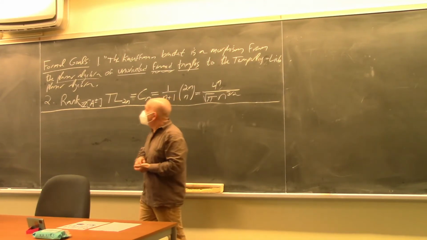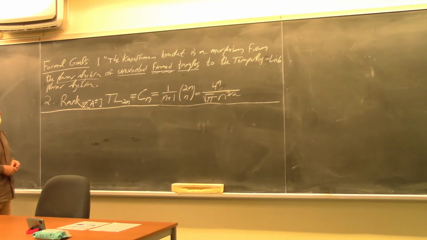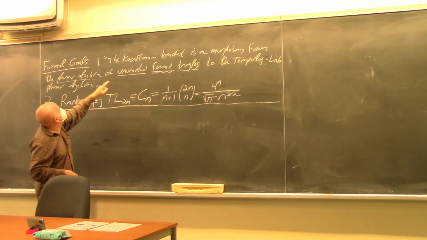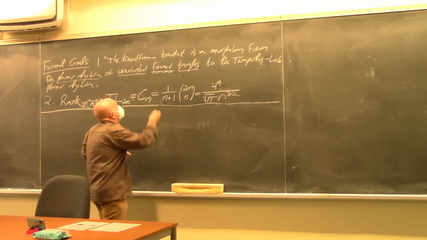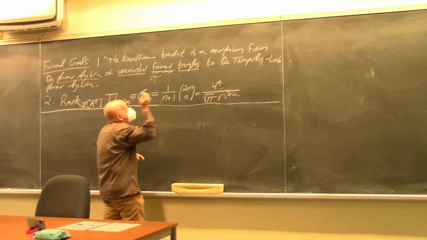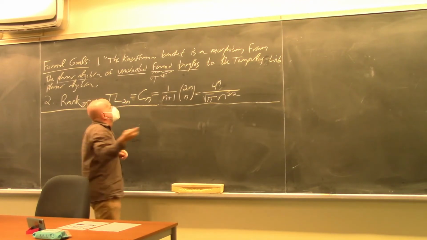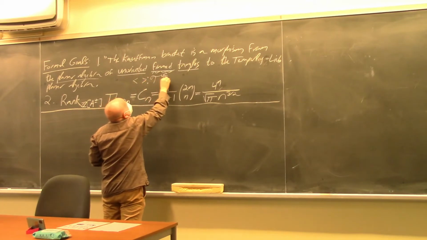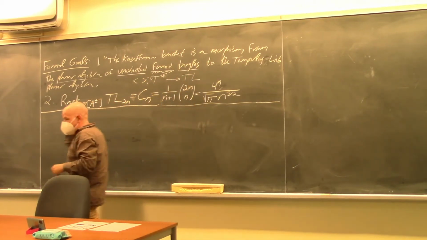Let me remind you, we spent much of the time last time showing that the Kauffman bracket is a morphism from the planar algebra of unoriented framed tangles to the so-called Temperley-Lieb planar algebra, which we also defined.